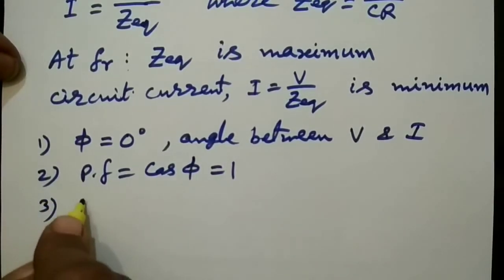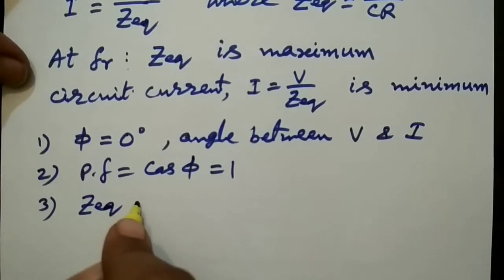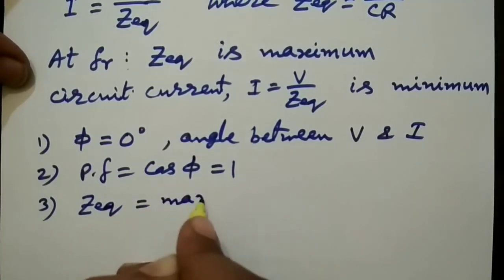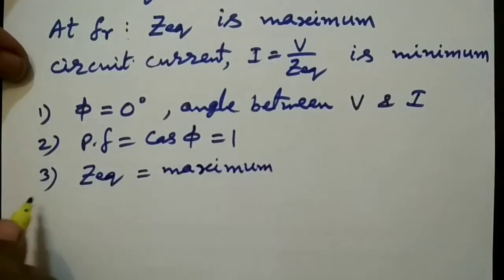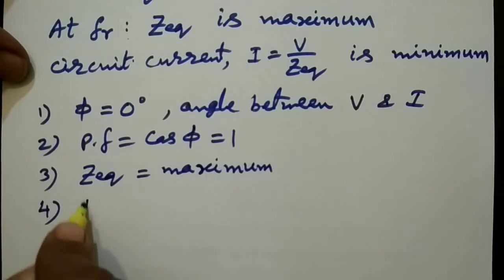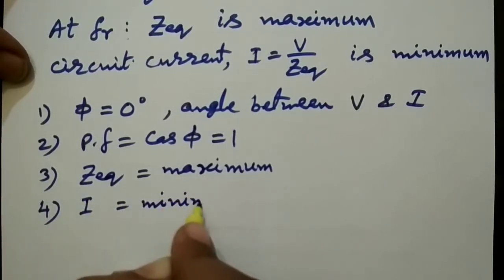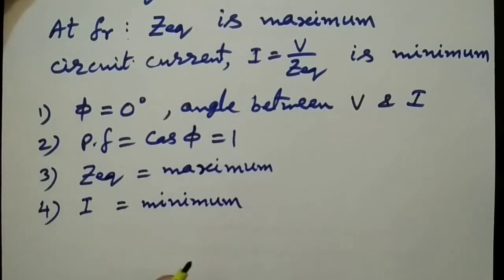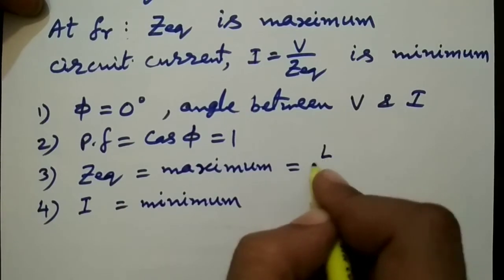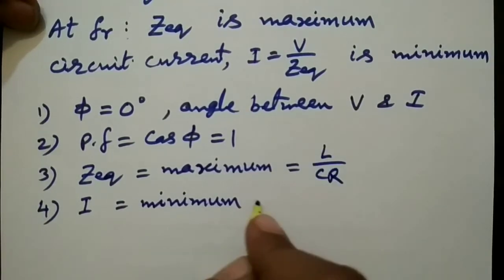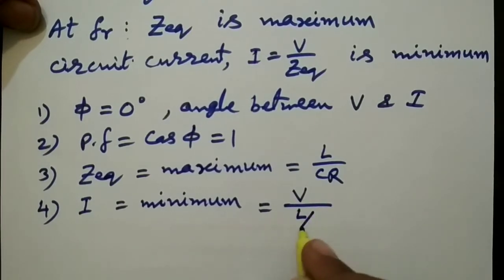The impedance at resonance is maximum. Therefore, the circuit current is minimum. And impedance is L by CR and I is V upon L by CR.